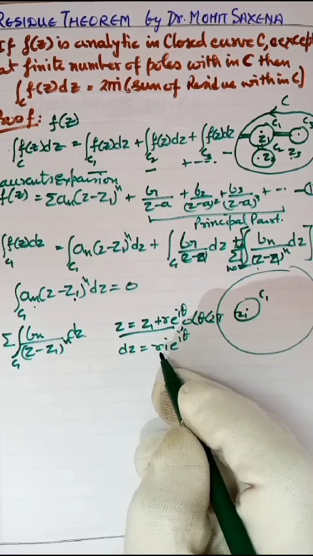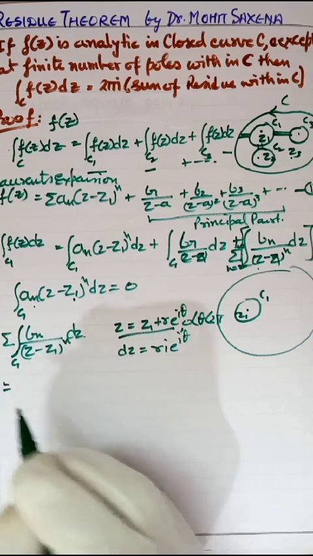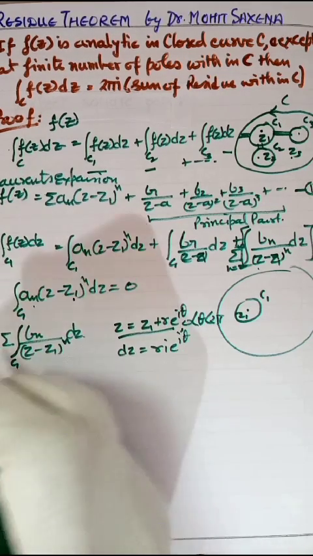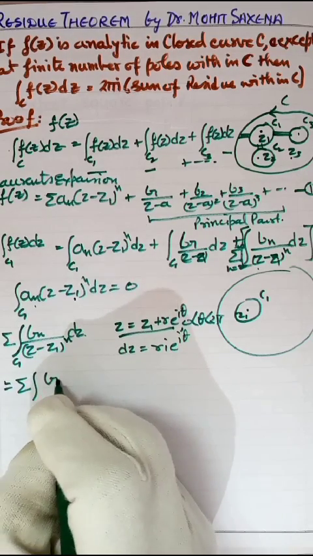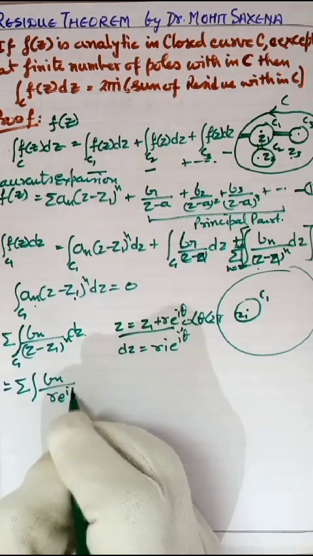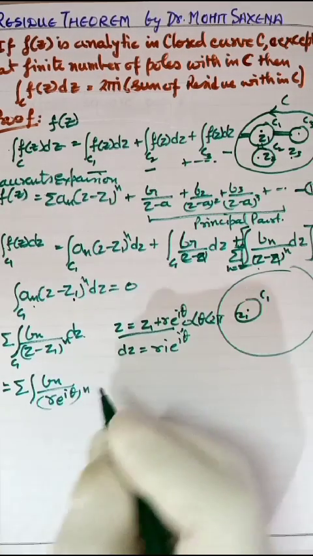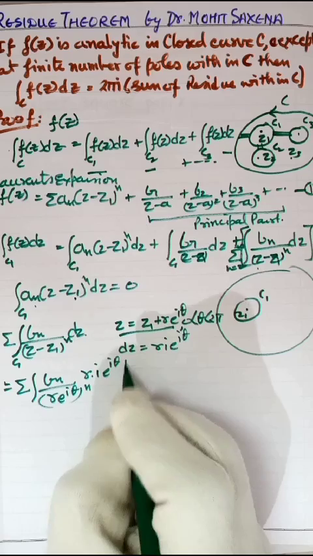If we substitute all these values in this integral, it would become the sum for n equals 2 to infinity of the integral of b_n (r e to the power i theta) to the power n times r i e to the power i theta d theta.